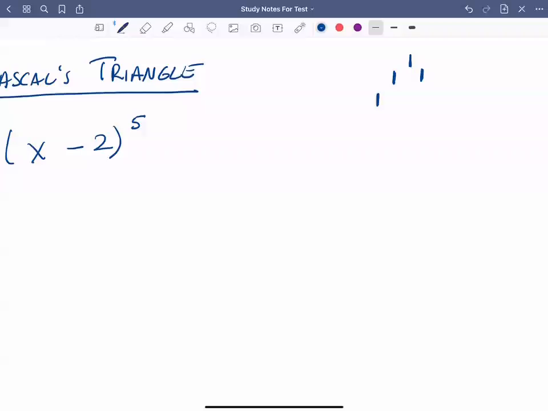And then in order to get the next number, what we do is we write it right in the middle right here. And that's because it is what those two values add up to be. So 1 plus 1 is 2.